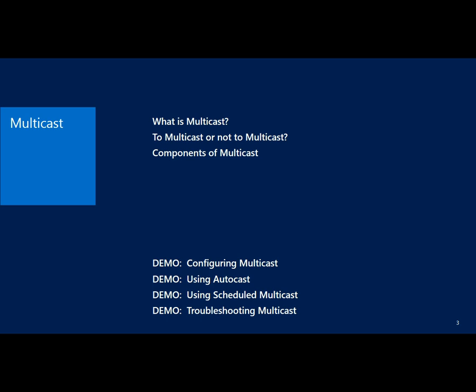Because you expect to have lots of machines being built all at once, usually on a single network segment, but it might be a couple. And it's usually in just one build center that the imaging is happening. That really allows multicast to shine.